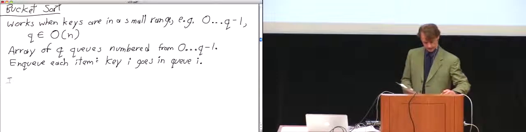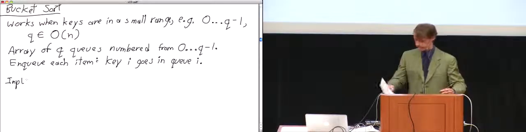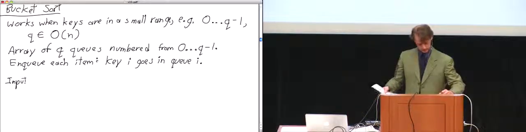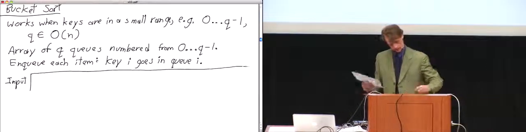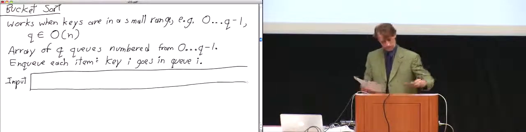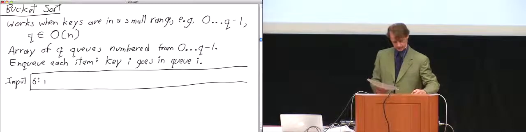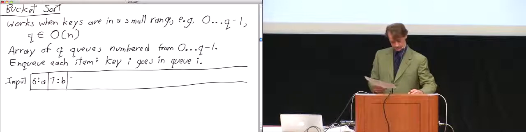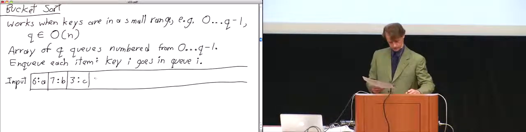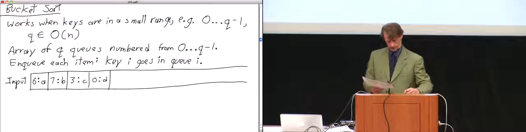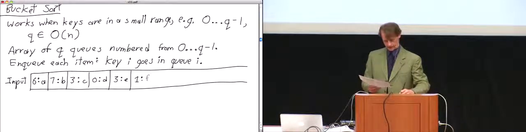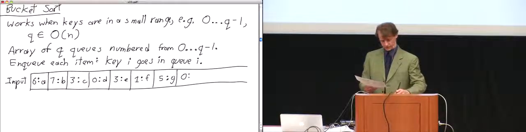To give you an example of what this looks like, let's consider the following input. I'm going to give an example here where each item is a key and an associated value. So I'm sorting the numbers. The letters are just there to remind us that those numbers may be different from each other in terms of the data that's being carried along with the number.